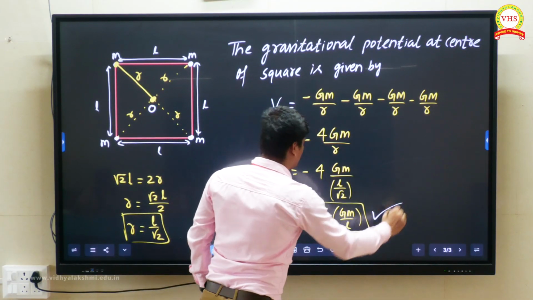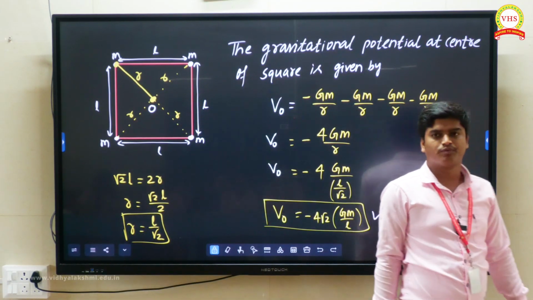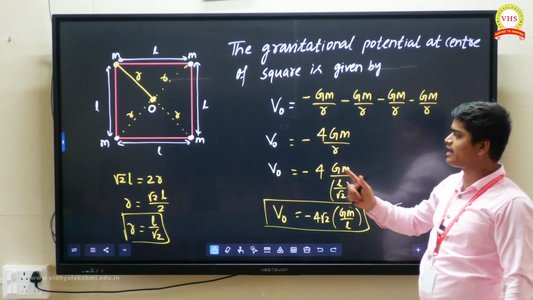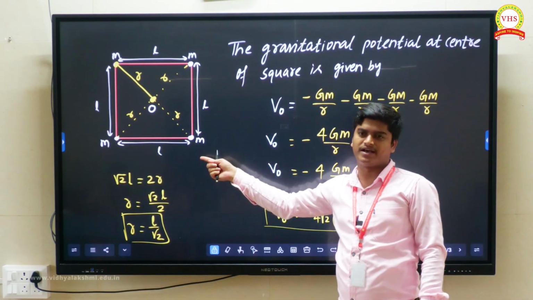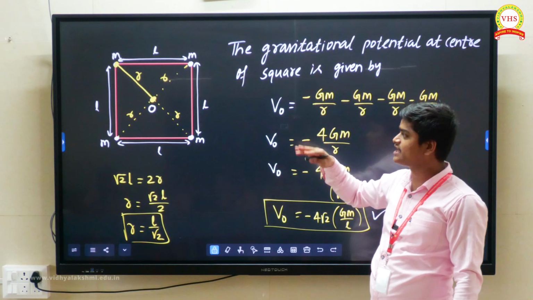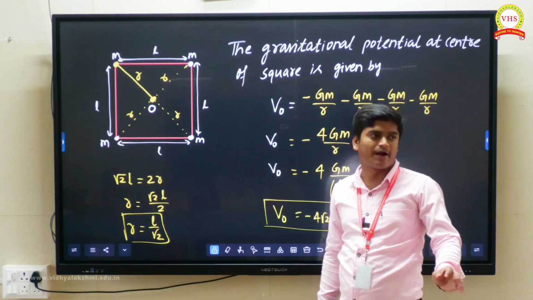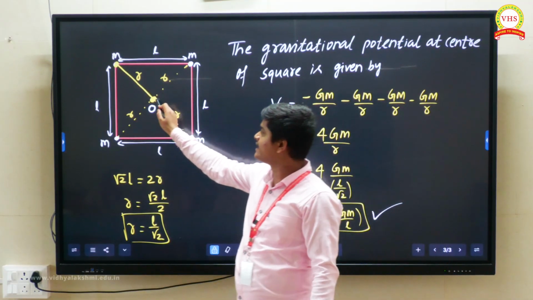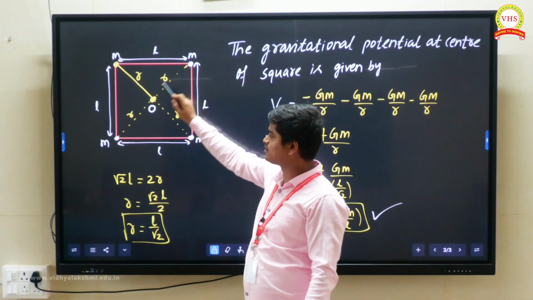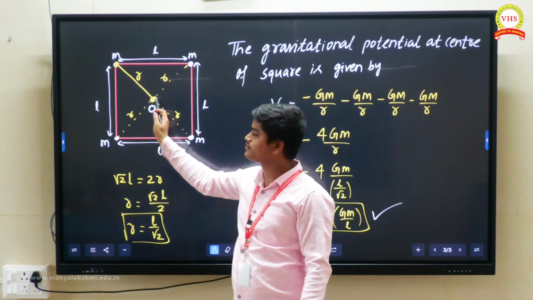Clear? Try to remember how to find. And why is this negative taken? Because always, you know, gravitational potential due to a point mass is minus Gm by r. r is the distance from where you are finding gravitational potential. So at this center, due to this mass, it is minus Gm by r. Due to this also same, due to that also same.